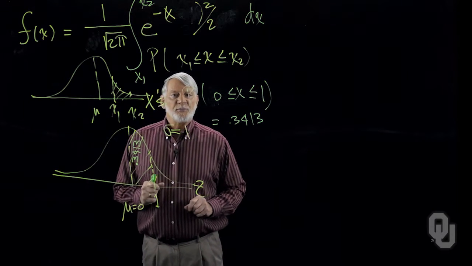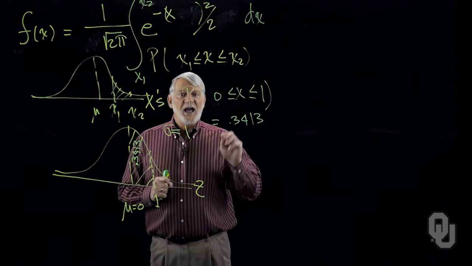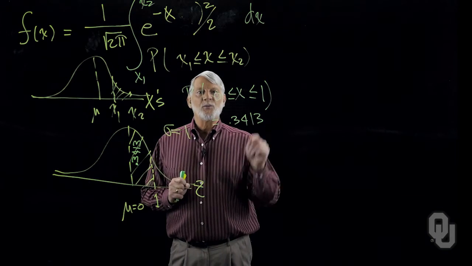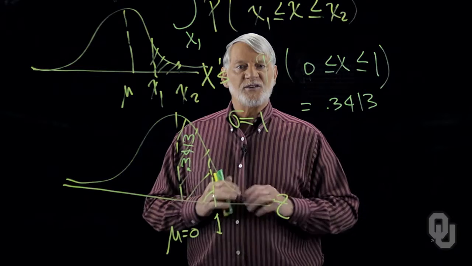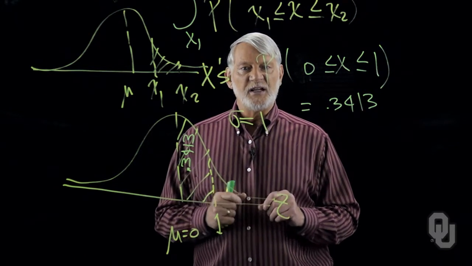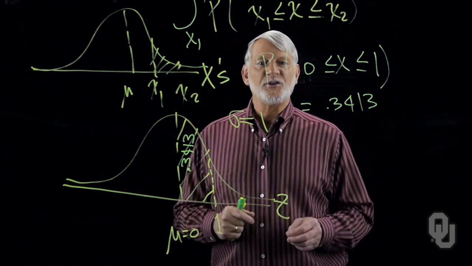Fortunately, we have computed areas for one normal distribution, and the areas for any distribution will have exactly the same probability. Okay? The essential point is the probability for one standard deviation on one normal distribution is the same on every normal distribution.